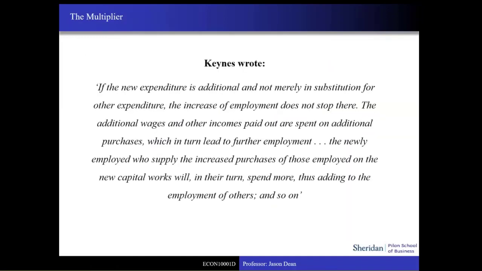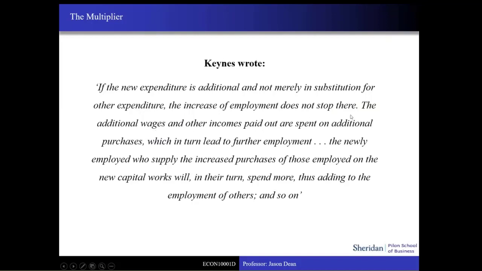Let's talk about this concept called the multiplier. Think of the multiplier as a respending effect. I'll read this quote from Keynes. "If the new expenditure is additional and not merely in substitution for other expenditures," so he's talking about an injection, so if we have an injection into the circular flow and it's not met by a corresponding leakage, then "the increase of employment does not stop there."